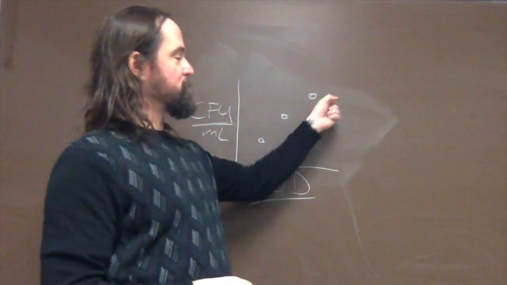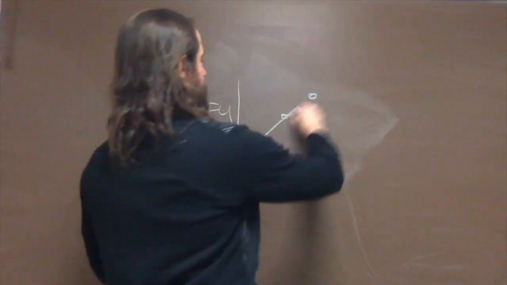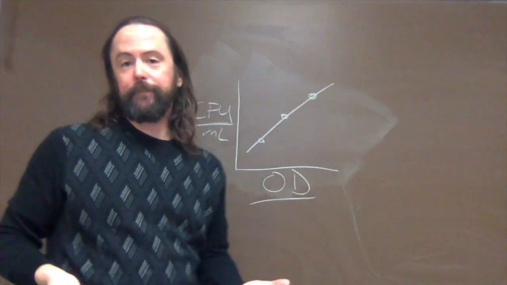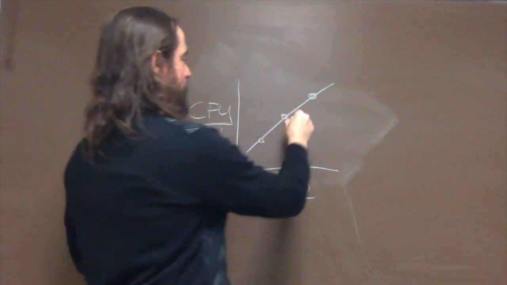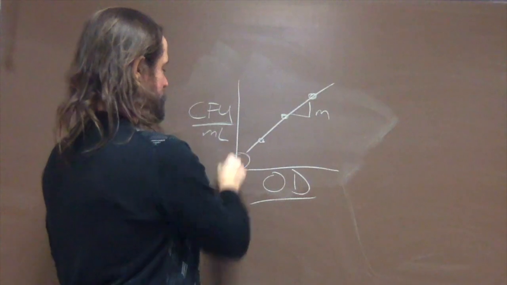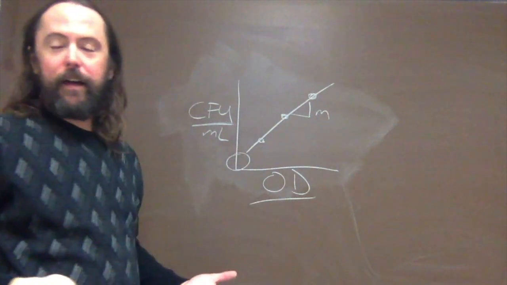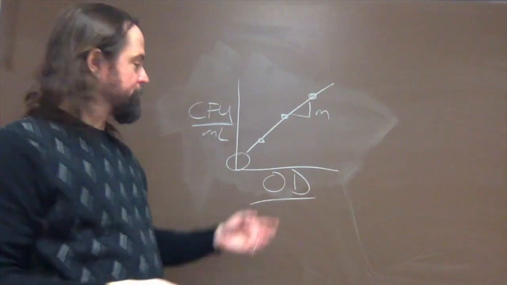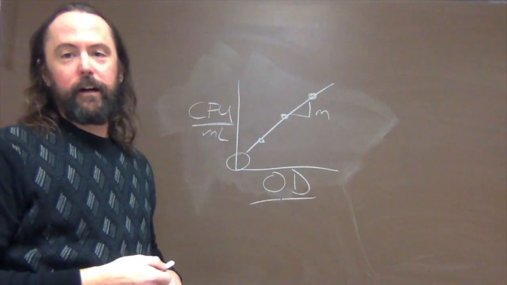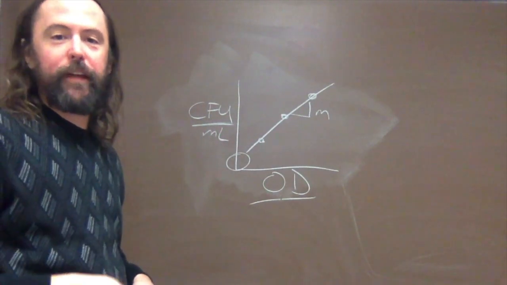So we take these measurements, and we're going to do what's called a linear regression. We're going to find the best fit line that goes through it. When we do that, we'll have the slope of the line and the intercept. And that's really all we need to be able to convert any optical density measurement to a CFU per milliliter measurement. So I'm going to show you how to do that with a spreadsheet in a second.